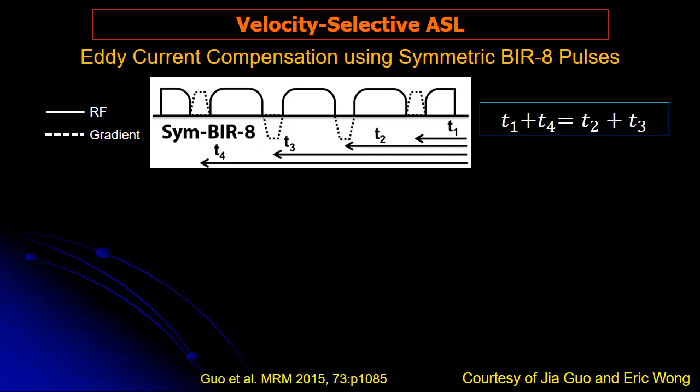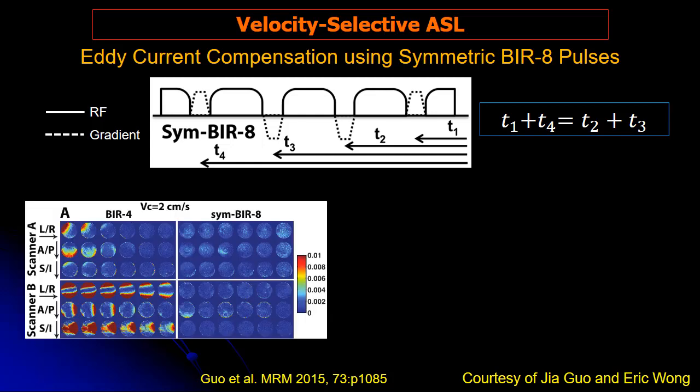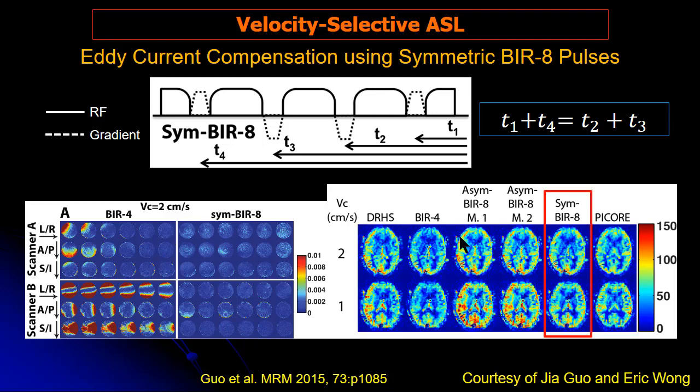So Eric Wang's group and a group from Oxford developed a pulse train called symmetric BIR-8 pulse, and demonstrated that this pulse has a much better robustness to gradient effects compared to a BIR-4 pulse. A BIR-4 pulse should be better than the hard pulse used in the very original pulse trains.